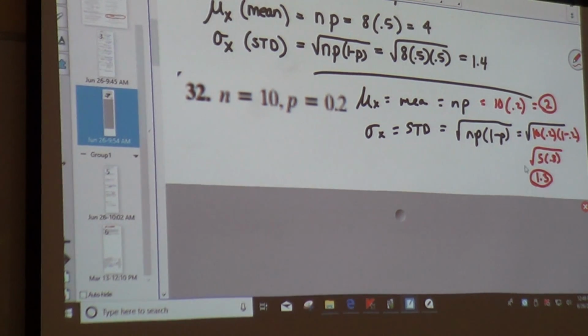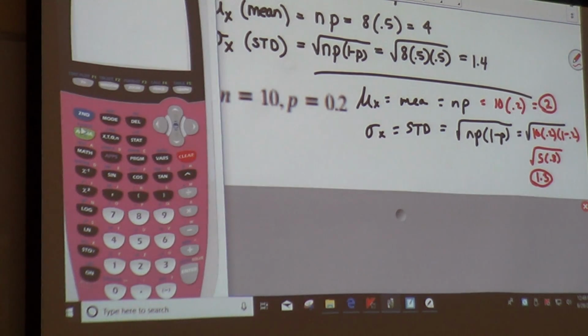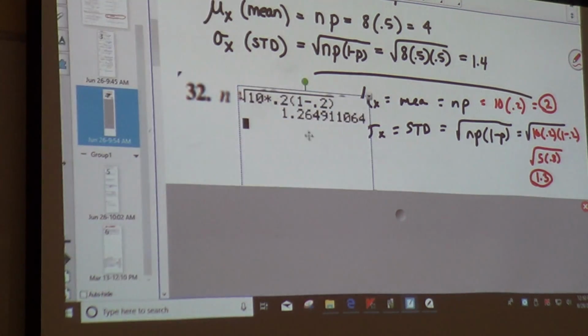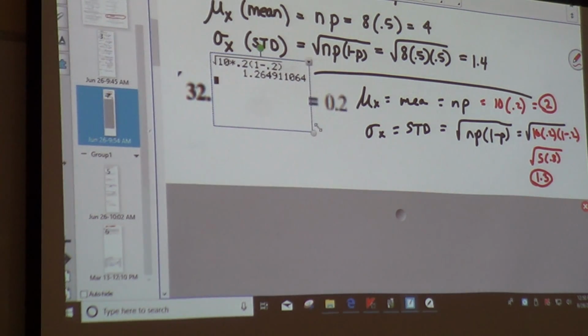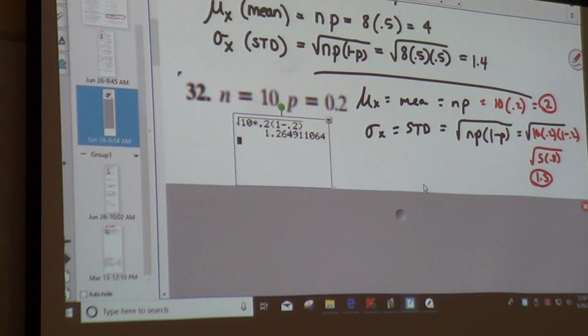And you don't have to simplify it like that. You can just type it straight into your calculator. You can say, I want to do the square root of 10 times 0.2 times parentheses 1 minus 0.2, close it. There would be my answer. Are we good?